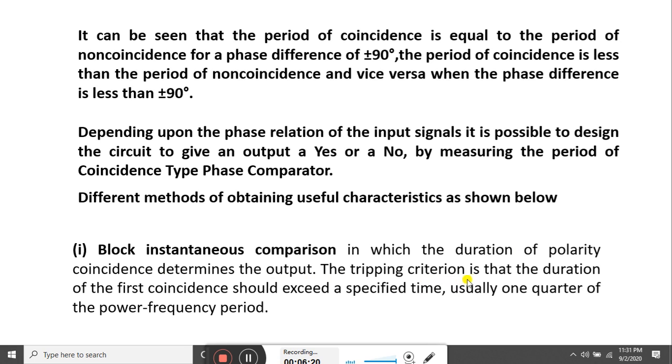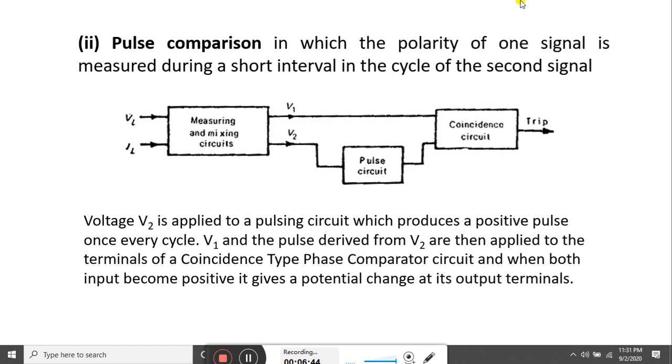The tripping criterion is that the duration of the coincidence should exceed a specified time, usually 1/4 of the power frequency period. The second one is pulse comparison.